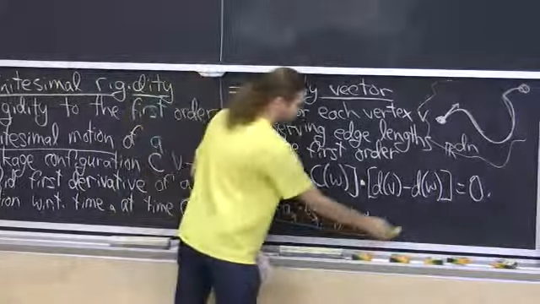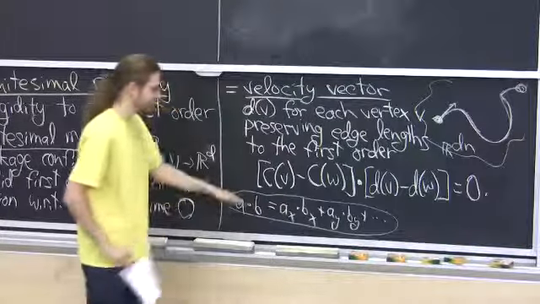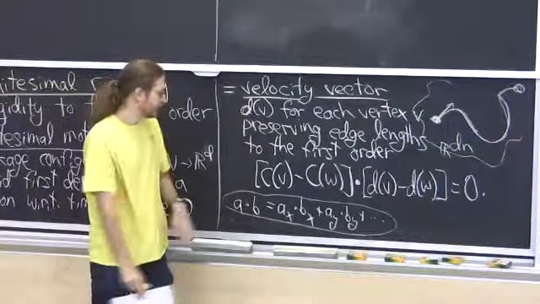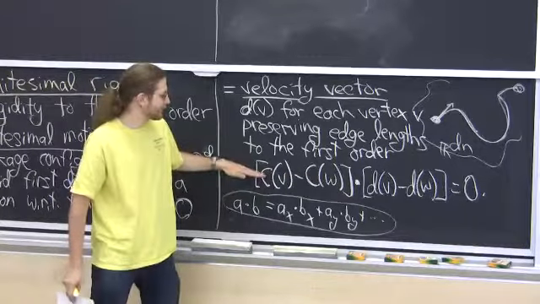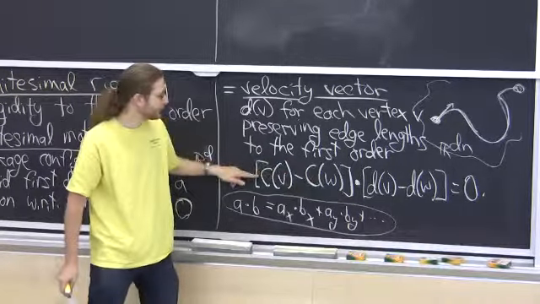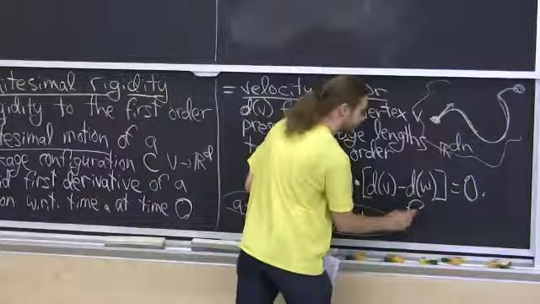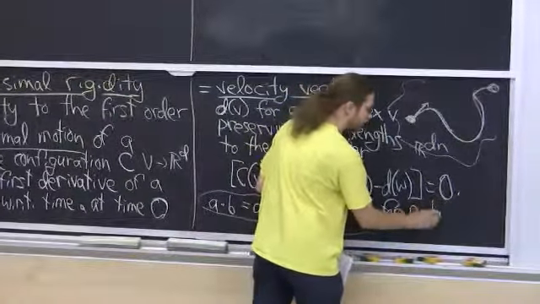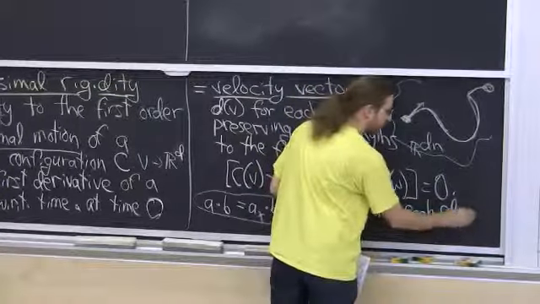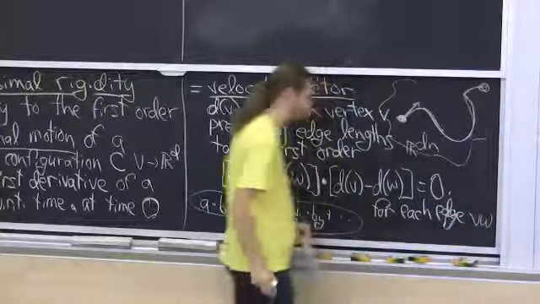Okay, we're going to need some linear algebra. That's one useful linearity thing. So these are where the configuration places vertex v and vertex w. So this should be true for each edge vw in the graph.